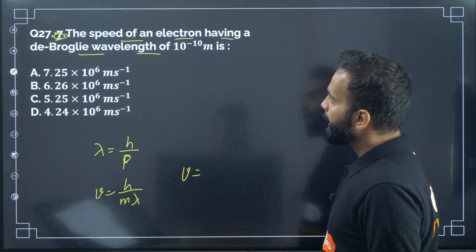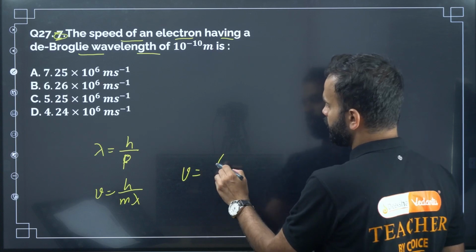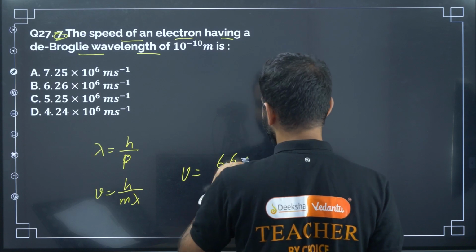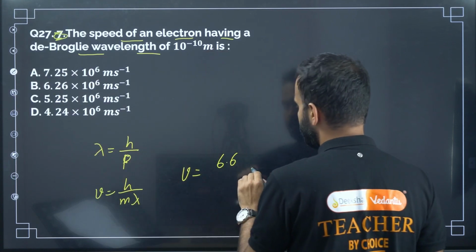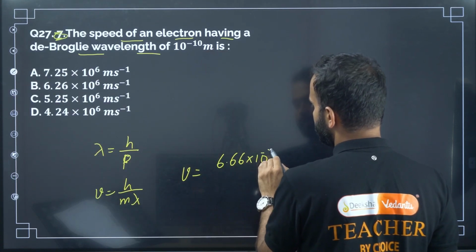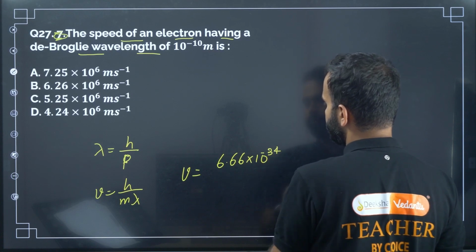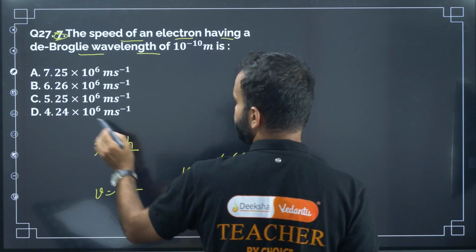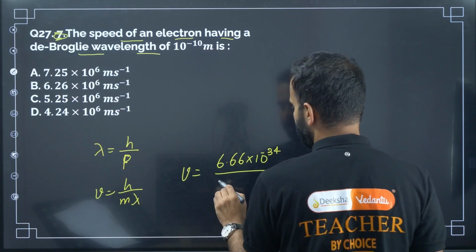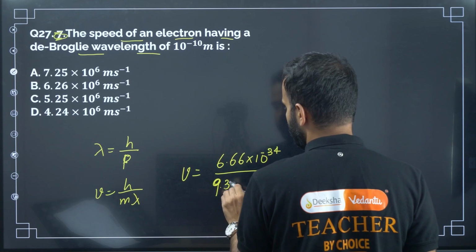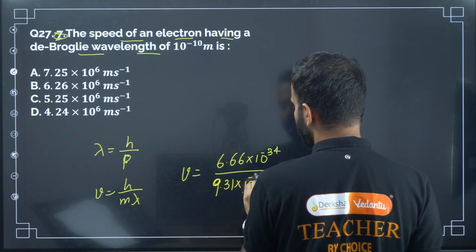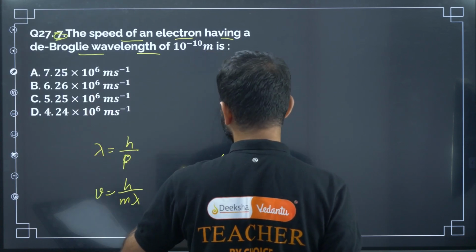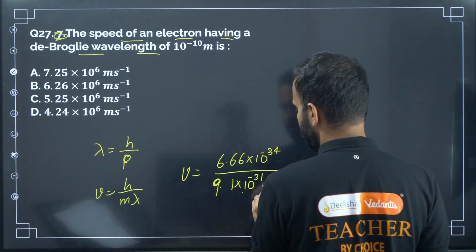Here h is 6.6, or 6.67, or 6.66 into 10 to the power minus 34, divided by m, the mass of the electron, 9.1 into 10 to the power minus 31, into lambda.